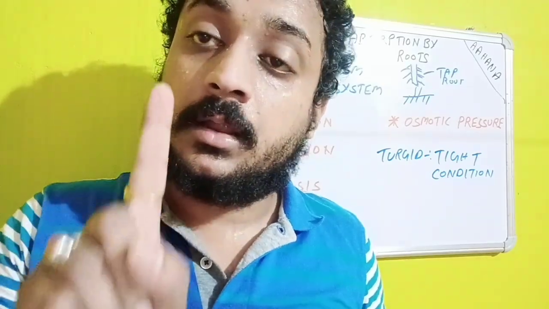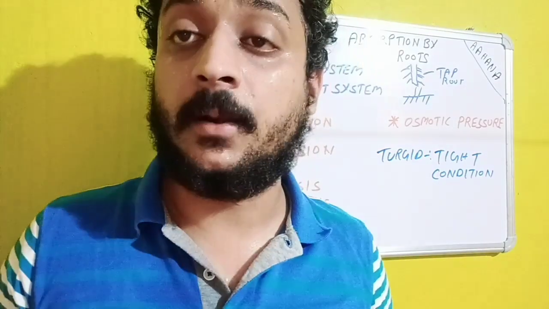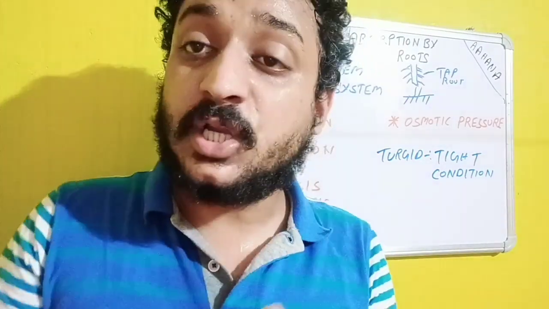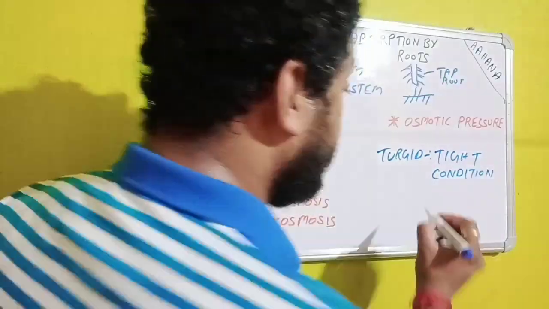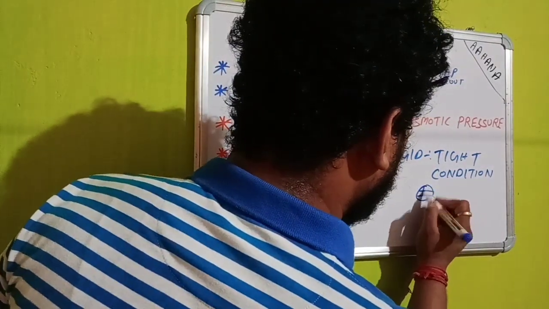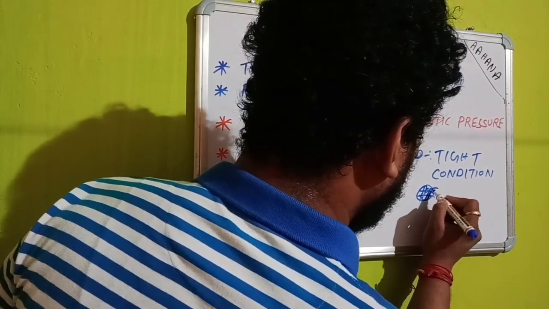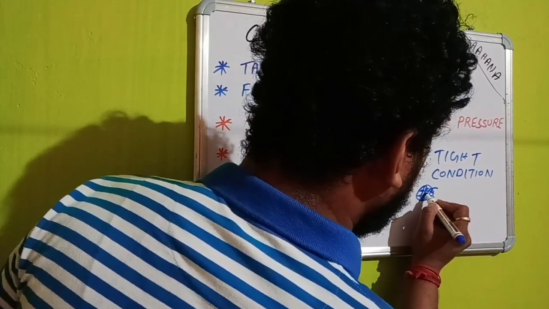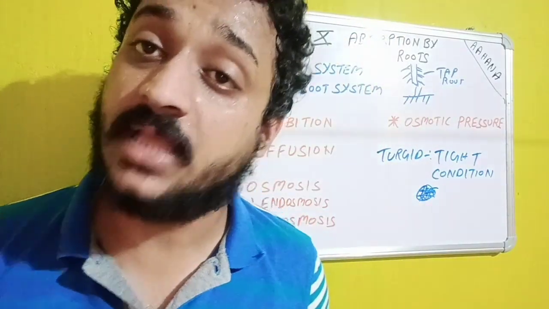When this network of rows and columns is filled with water, it provides a pressure from inside to outside the cell. Let's say it is a cell and it has a clear network. When the water goes inside it, this water will put pressure outside. That is known as the imbibition pressure.